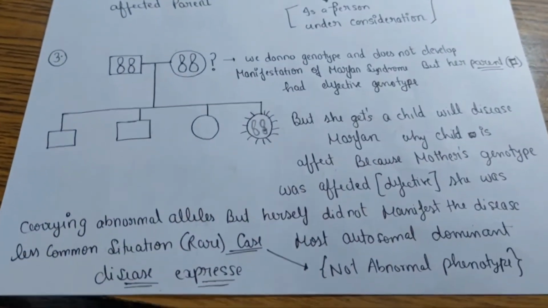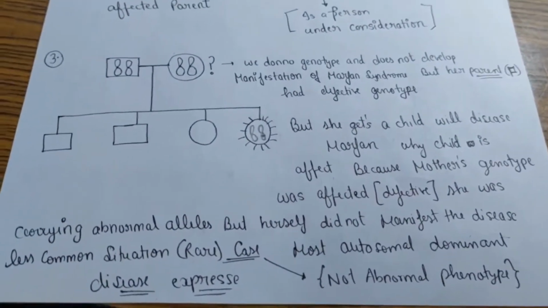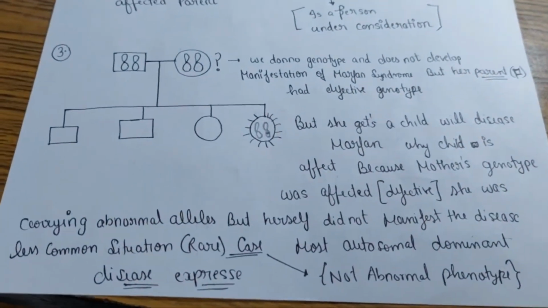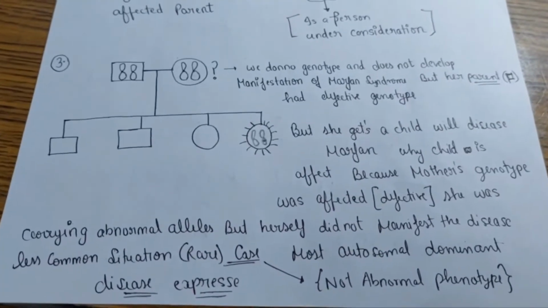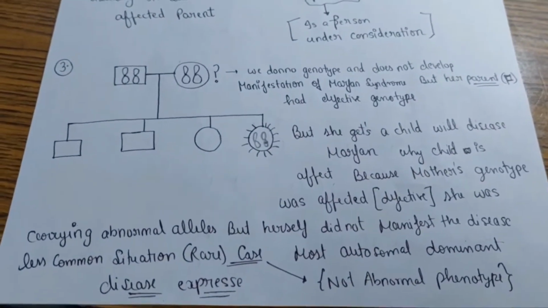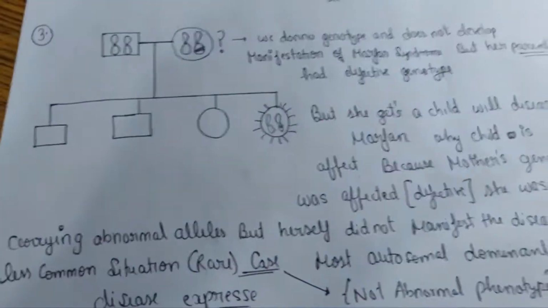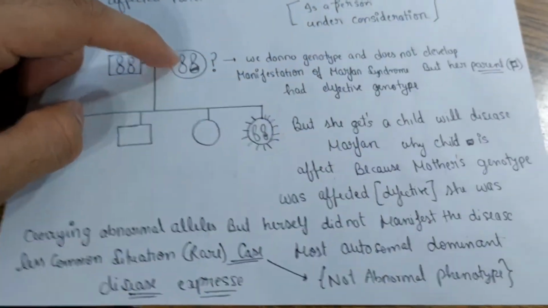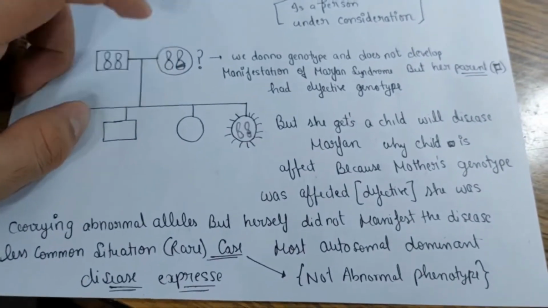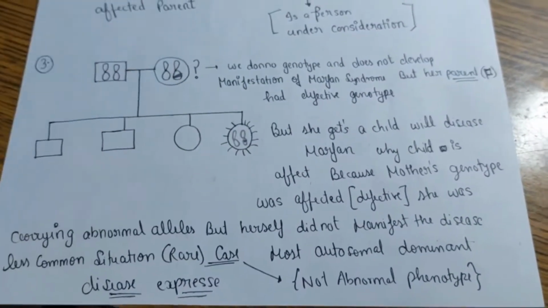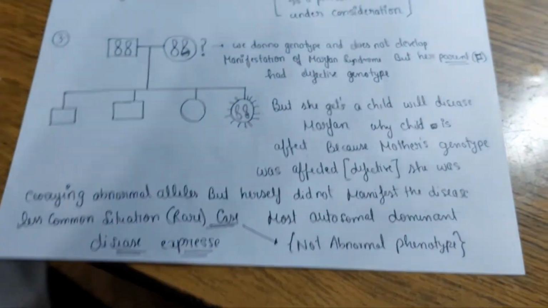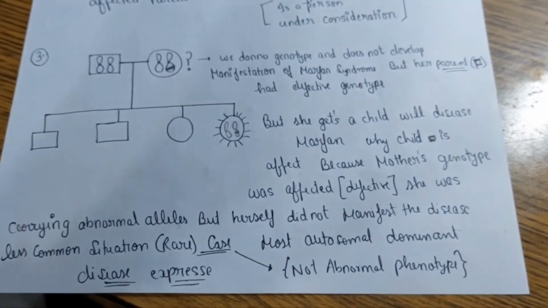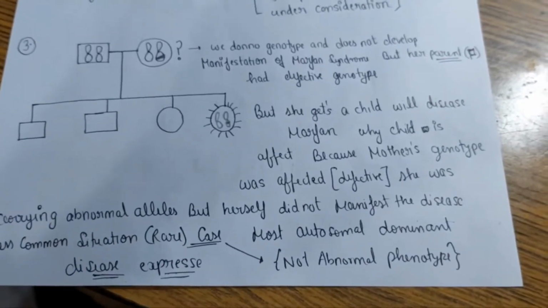This is a very rare condition in which the mother was carrying the abnormal allele, but the mother herself did not manifest the disease, and this is a very rare case in autosomal dominant diseases. So this is a very unusual thing that the woman had the autosomal dominant allele in her genotype but did not manifest the disease, but eventually her kid had the disease. So why is this so?